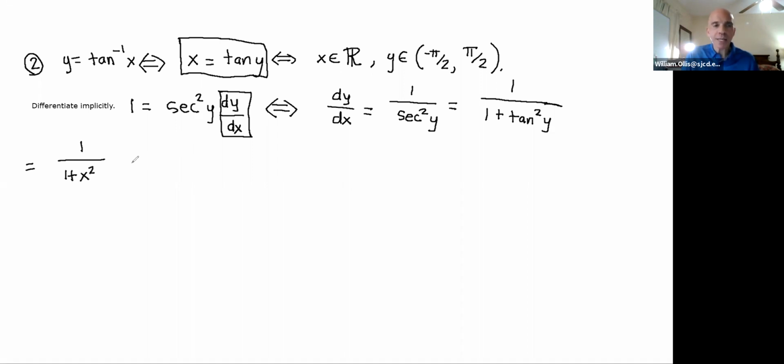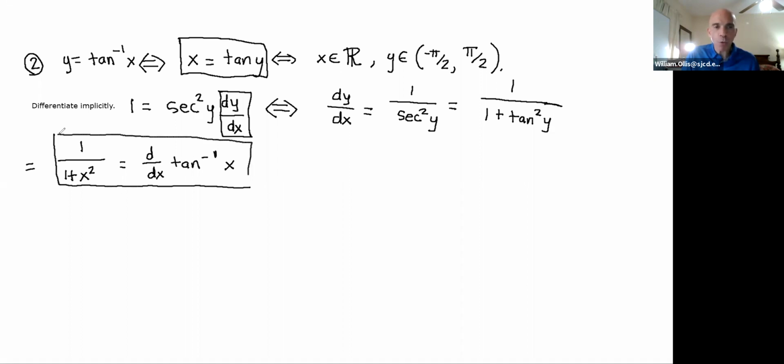So now we see, and I'll go ahead and write this in, this will give us the derivative with respect to x of the inverse tangent. So here's a formula like we had before, but it is not terribly user-friendly. Just like with before, we want to extend this by the chain rule.